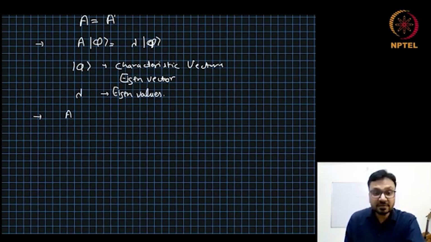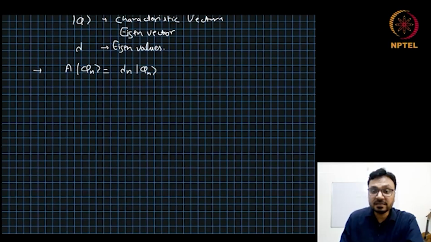If A phi_n equals lambda_n phi_n, there are many eigenvectors and eigenvalues. For a Hermitian operator, the eigenvalues lambda_n are always real. Not just that, the set of all the eigenvectors phi_n of A form a complete orthonormal basis.